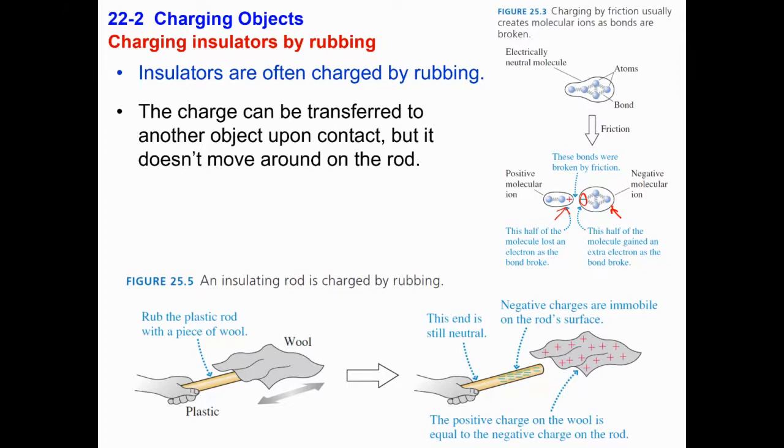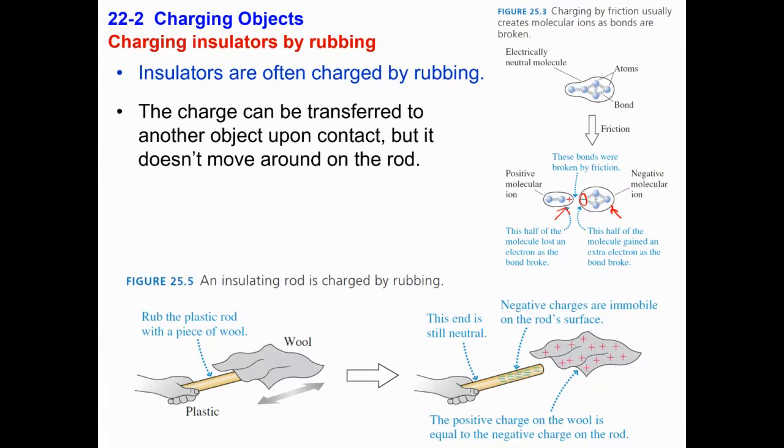Well, no, the atoms cannot move. These atoms are part of the structure of the insulator. They cannot move around. It's not a liquid. In a liquid, you can have molecules moving around, but in solids, the molecules are fixed in place.